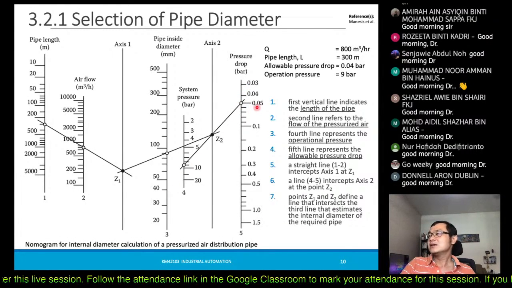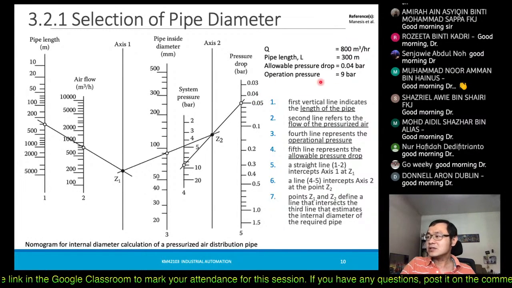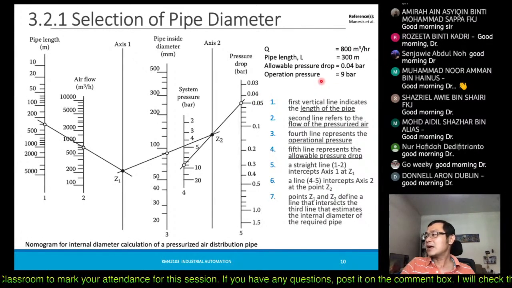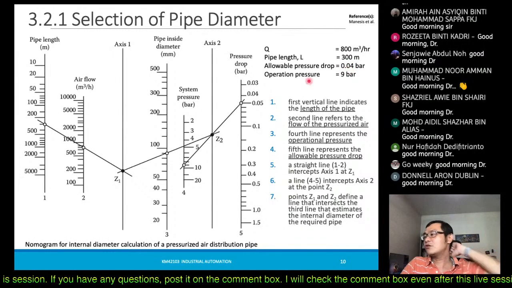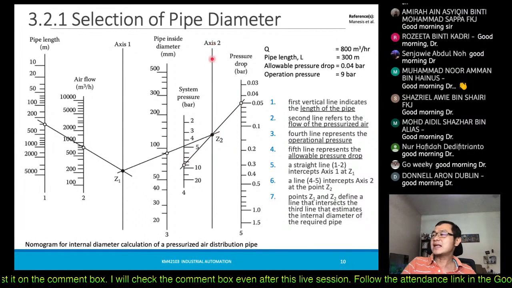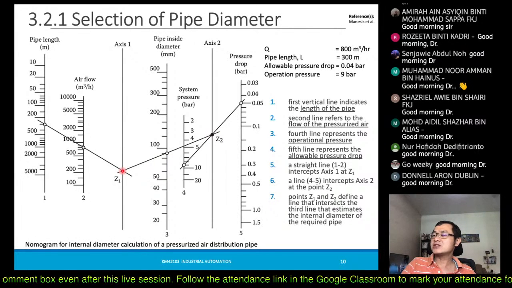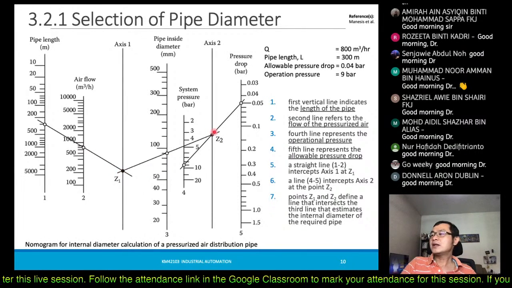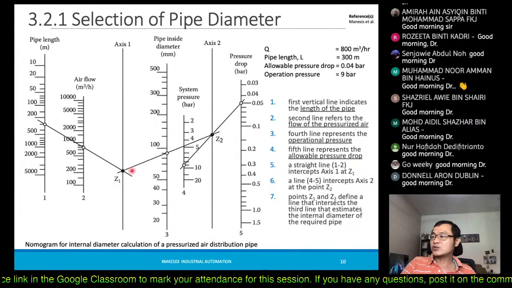Assuming this one is correct, I think they have some descriptions, maybe I made it wrong. So this could be 0.05. Just draw a straight line, then you will intersect with axis number 2. So we have these two intersection points. What we need to do now is, using these two points, draw a straight line.